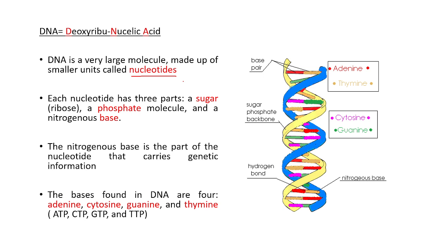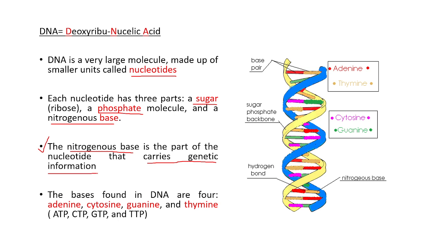These nucleotides have three parts, which we all know: a sugar, a phosphate molecule and nitrogenous bases. The nitrogenous base is the part of the nucleotide which carries the genetic information. So this is responsible for storing and carrying the genetic information.